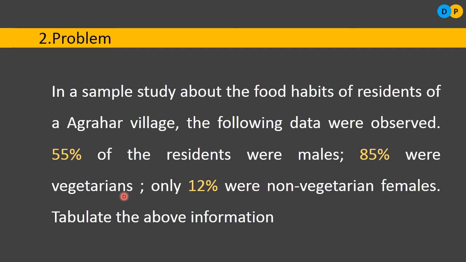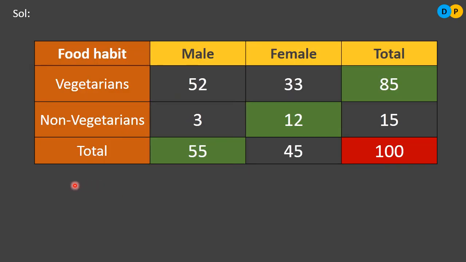Keeping this in mind, let us first create a table, and later let us fill this table with values. Notice here I have considered a particular table. The first column indicates the food habits, which is one of the characteristics.